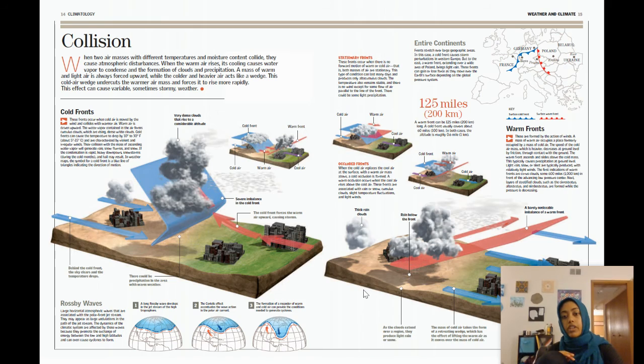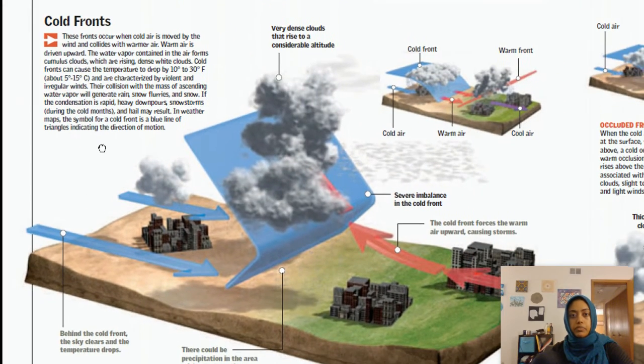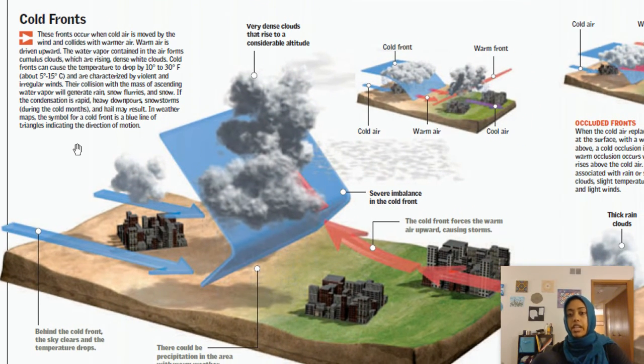So a cold front is when cold air is pushed by wind and it collides with warmer air. That warmer air is driven upward, and the water vapor in that warm air condenses and forms clouds.